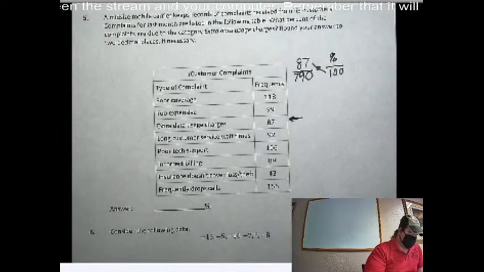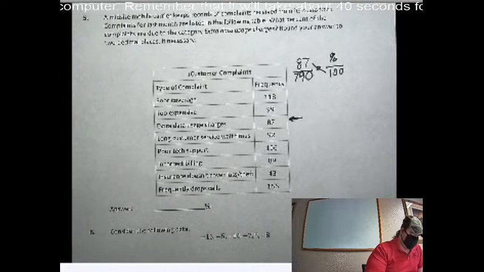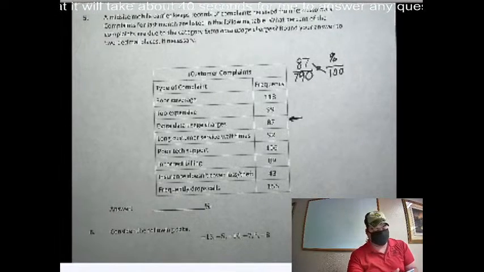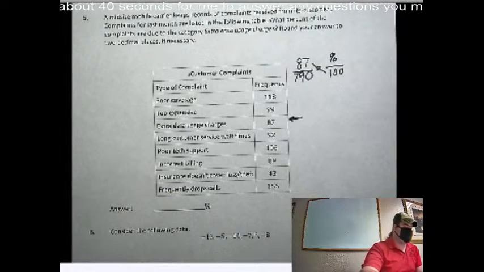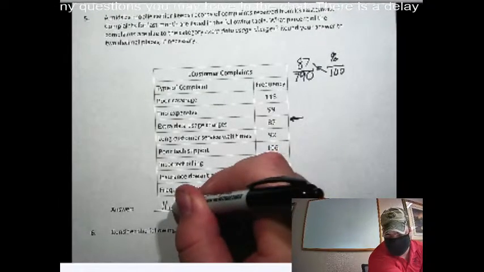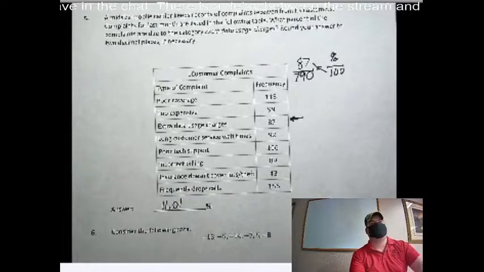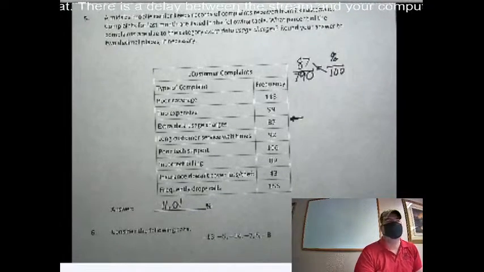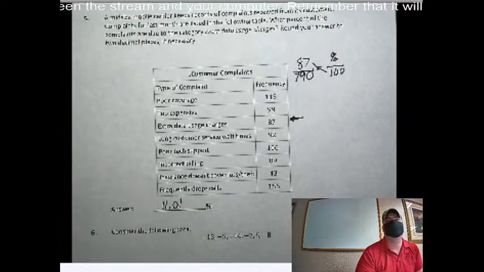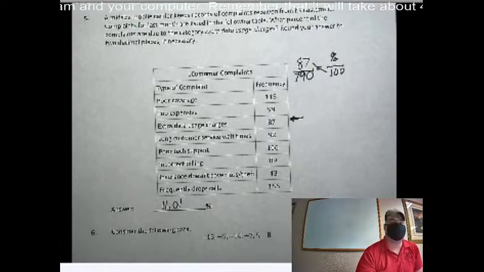So 87 times 100 and then divide by 790 is 11.01, and it said round to 2 decimal places, so let's see, it's 11.012, so that won't round up. So there's our answer. Any questions? All right.